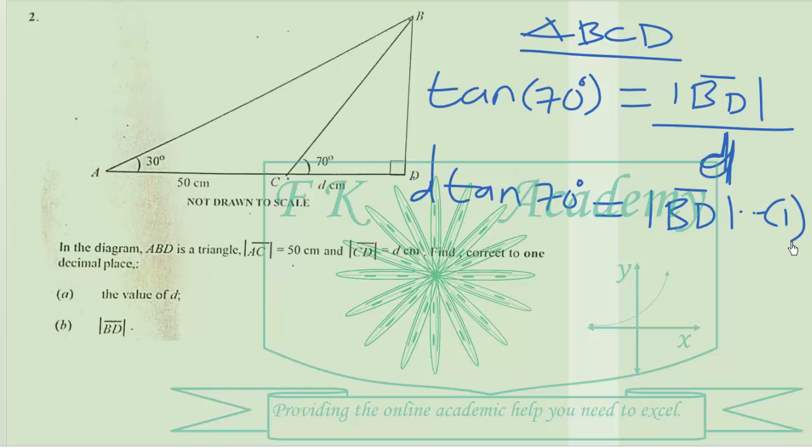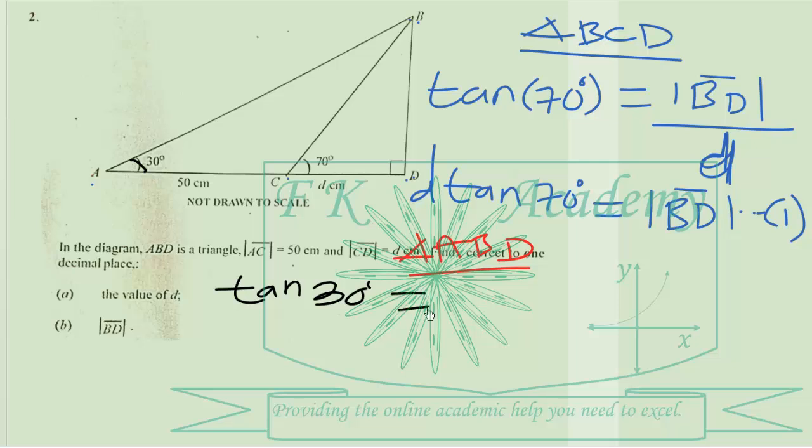Then using triangle ABD, you can see that tan of 30 degrees will be equal to opposite over adjacent.